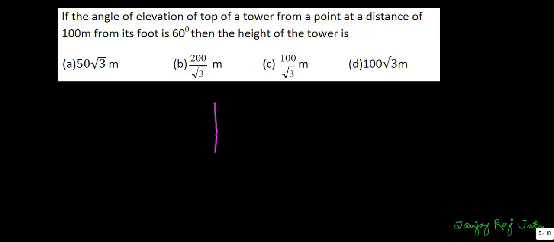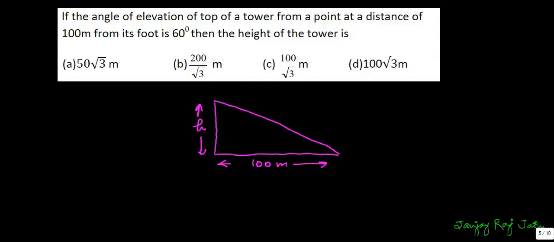Let us say this is the tower and this is the height which we need to find out, and there is a point 100 meters away from its foot, and angle of elevation of top of this tower from this point is given as 60 degrees, and this is our right angle. We are supposed to find h, height of the tower.